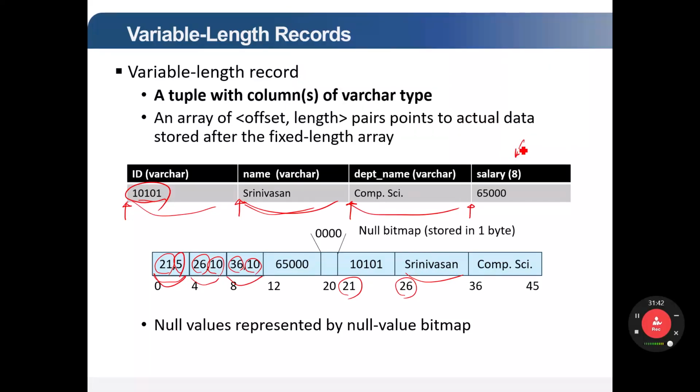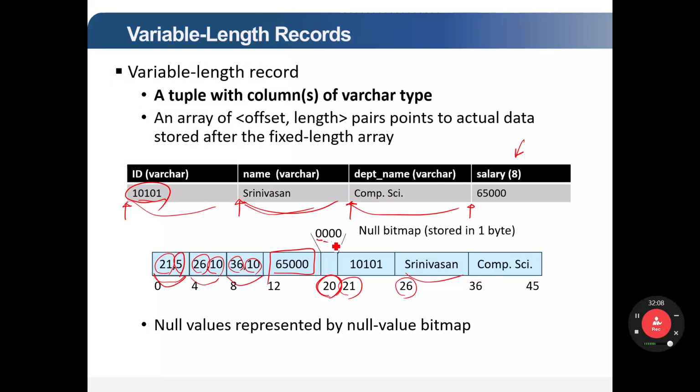And for this last fixed sized attribute, we don't need this metadata. Instead, we will store just the value in the next 4 bytes. And then we use another byte to find out whether attributes have null values or not.